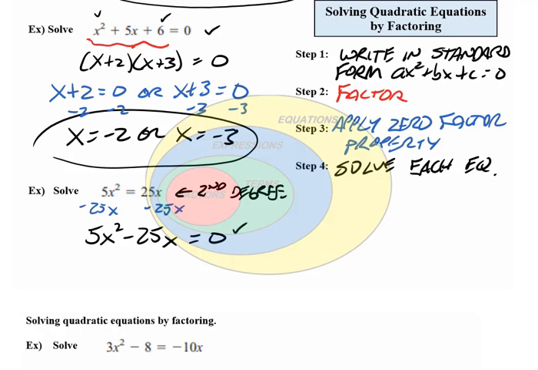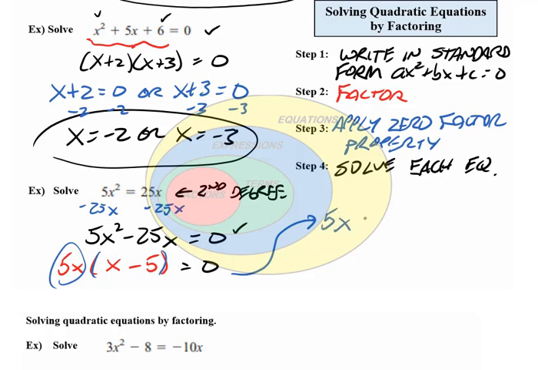So we'll factor the left side. Well, there's a greatest common factor of 5x, and I'm left with an x minus 5. So that's equaling 0. So now once it's factored, I'm going to apply the 0 factor property. So I'm just going to bring that up over here and set each factor equal to 0. So the factors are 5x and then this x minus 5.